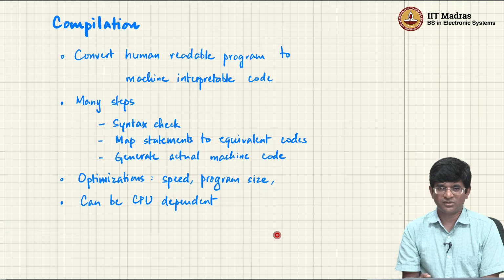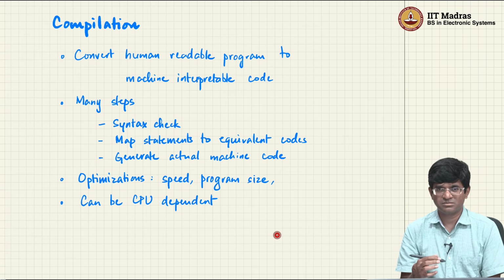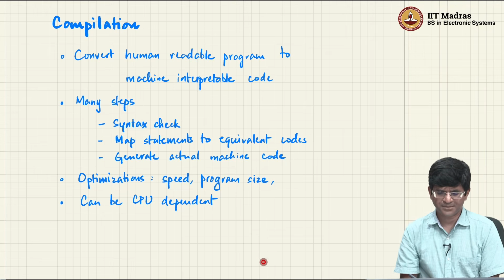Now, in addition to all of this, most compilers also implement certain kinds of optimizations. What I mean by optimizations is that they modify the generated machine code in ways that improve the performance of the system. What do I mean by improving the performance?